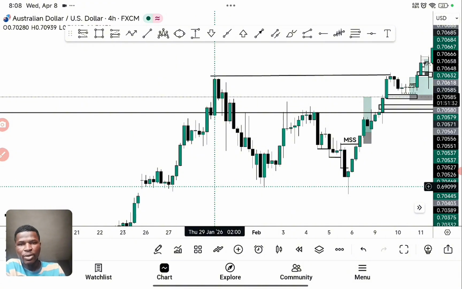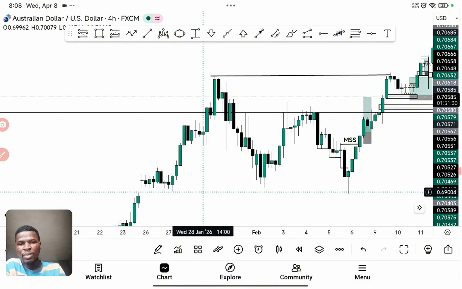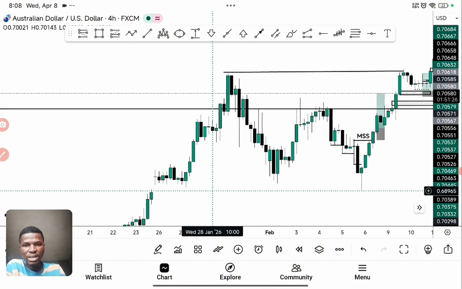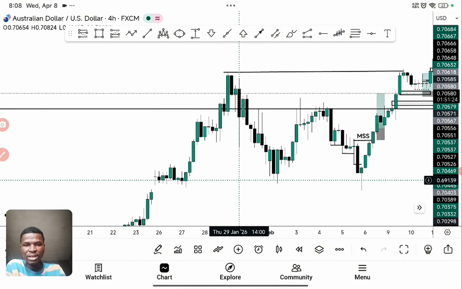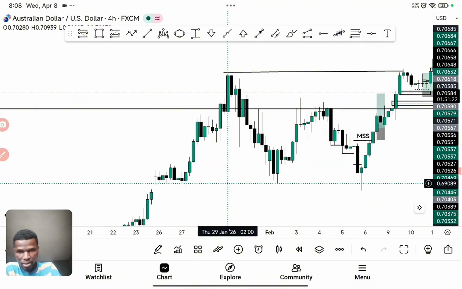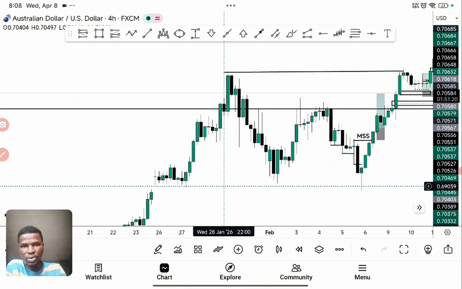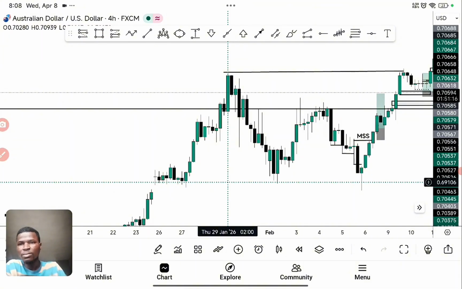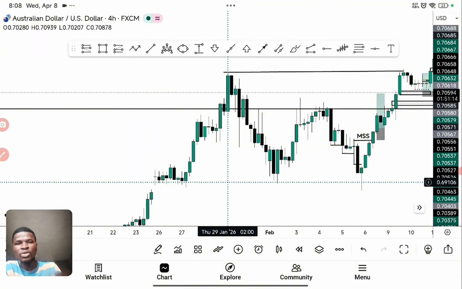I want to hover over the candle to show these four values. I hover it on a Marubozu candle, a full bullish candle. You see, let's go here. You can see.